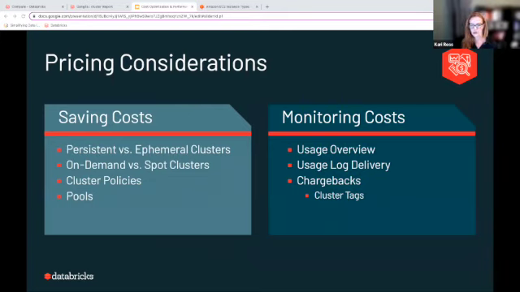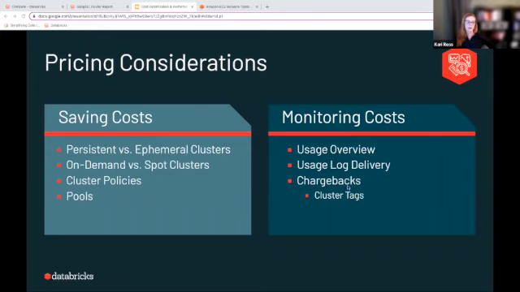So, pricing considerations. We've talked about the cost savings from how you select your cluster: persistent versus ephemeral, where persistent clusters are the ones you keep on and ephemeral ones are turned on and off, on-demand versus spot, the cluster policy, and the pools. And then with monitoring, you can get log delivery to your different accounts.